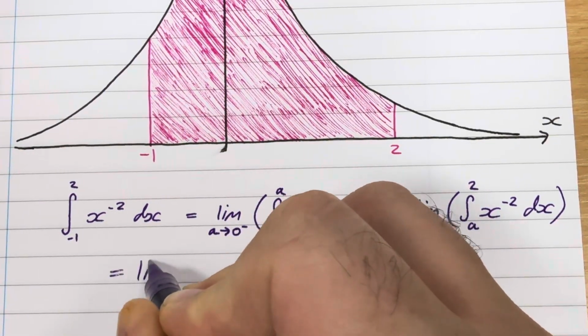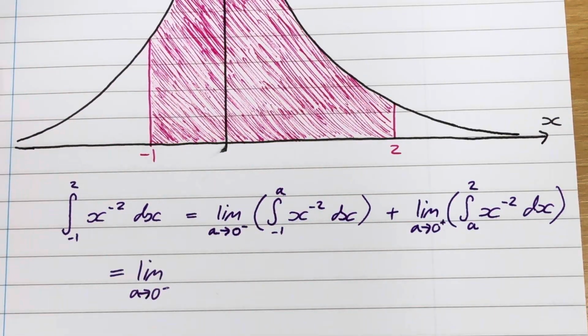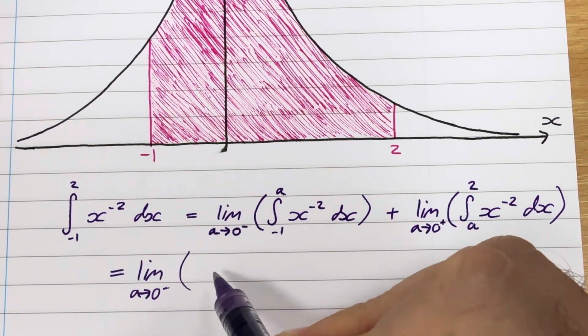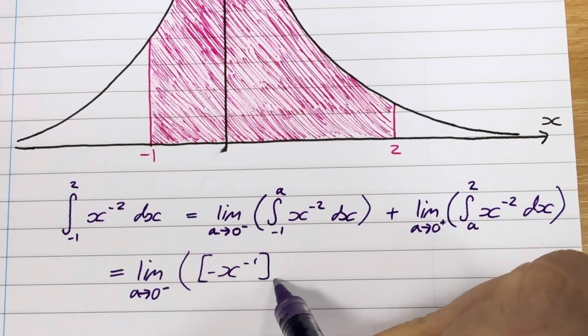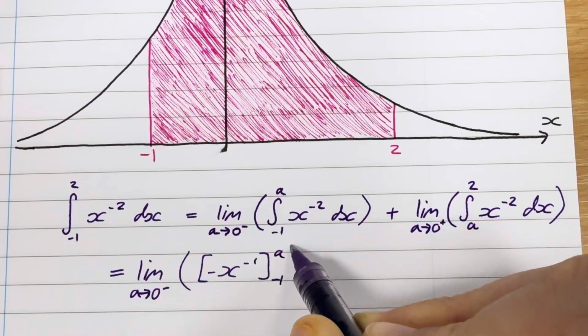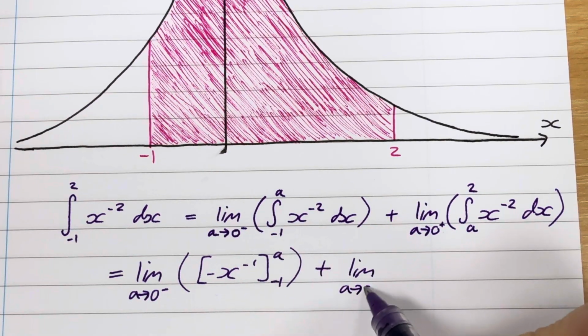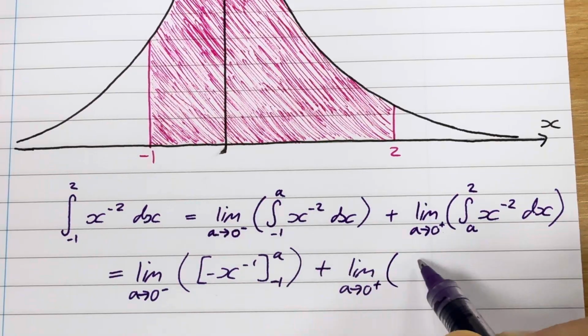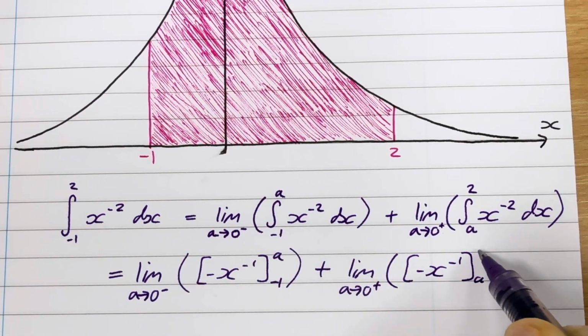Okay, so let's evaluate this. Just keeping the limit notation out the front for now. So limit as a tends to 0 from below of minus x to the minus 1 between minus 1 and a, plus the limit as a tends to 0 from above of minus x to the minus 1 between a and 2.